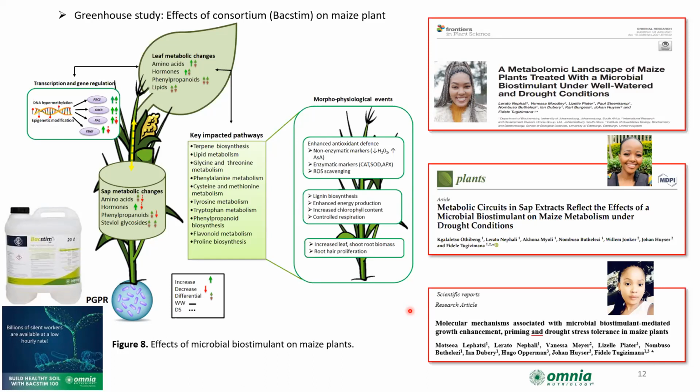And so it is with the consortium that I just spoke about in the presentation, which is Bastim. It is actually a commercial product, and you can see here that it is being sold by Omnia, and it is currently available. So I worked on this project in my master's, where I was investigating the effect of this product on maize plants under normal conditions as well as under drought conditions.